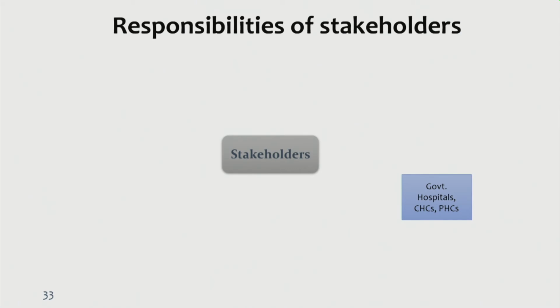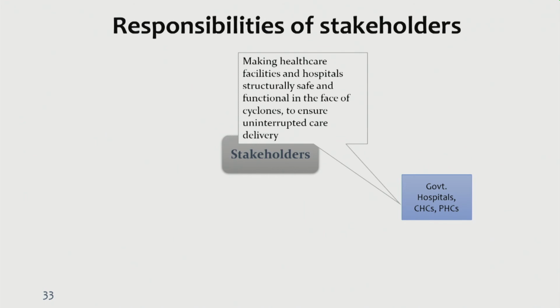Next are the government hospitals, CHCs and PHCs. Their role is to make the healthcare facilities and hospitals structurally safe and functional in the face of a cyclone to ensure uninterrupted healthcare delivery during the preparedness phase. Their responsibility is to have a contingency plan to ensure adequate healthcare workers, consumables, electricity, oxygen, water and food are available at the healthcare facilities in the post-cyclone period.